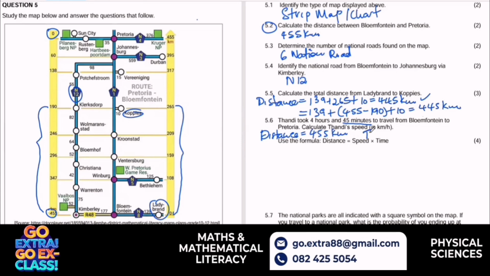So how do we change that? Let's start by fixing time. So our time, we have 4 hours. There's no problem with it. But we need to fix 45 minutes. How do you convert these minutes?